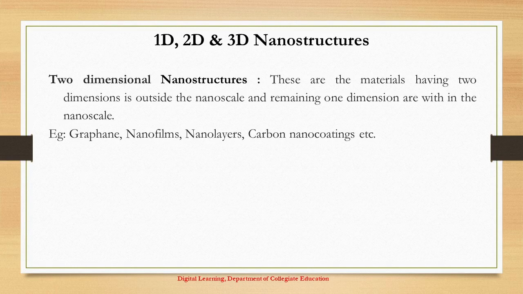It is like graphene, films, nanolayers, carbon nano coatings. It is like flat coatings, films. These films have two dimensions outside the nanoscale and one dimension within the nanoscale. Such structures are called two-dimensional nanostructures.